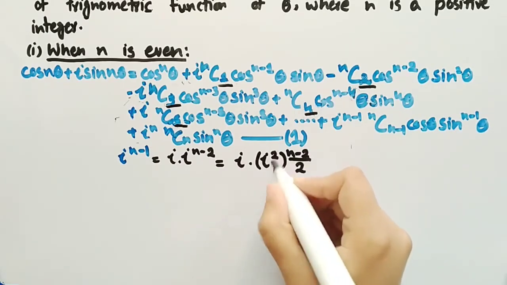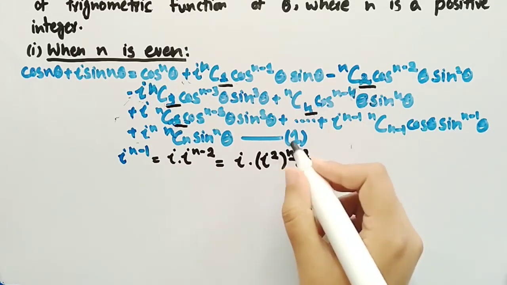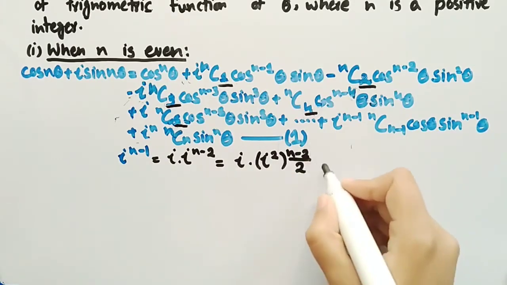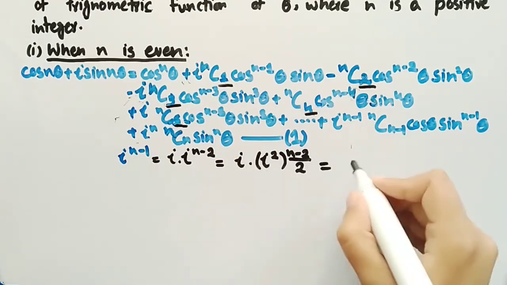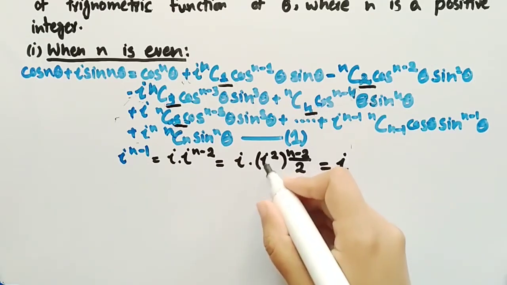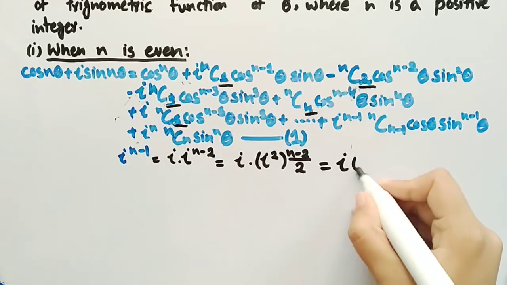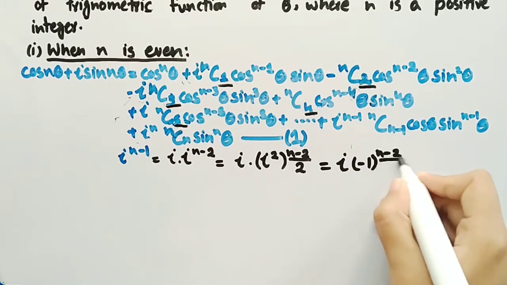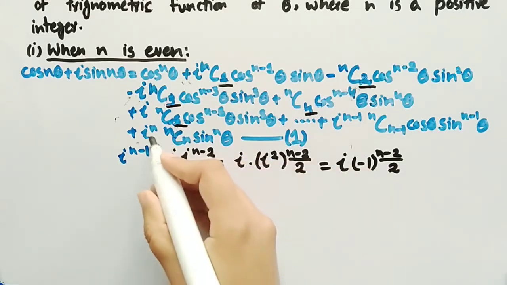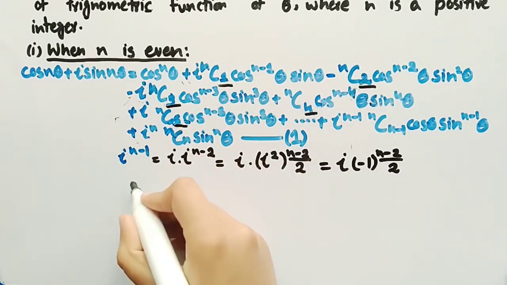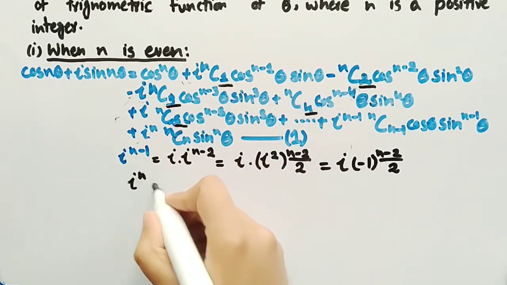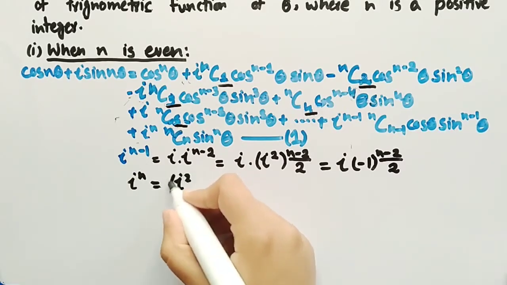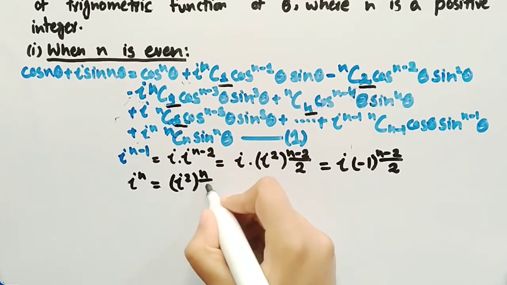When we cancel out these two 2's, we get the same term. So it is equal to i, and i² is equal to minus 1, so it will be i into (-1)^((n-2)/2). And to modify this term, we can write i^n equal to (i²)^(n/2).